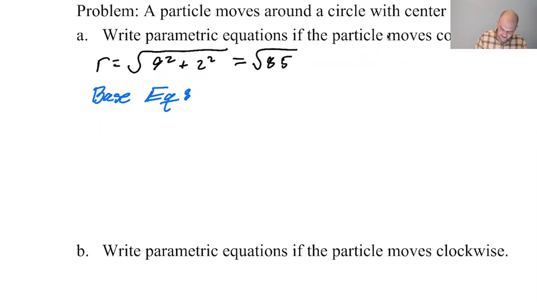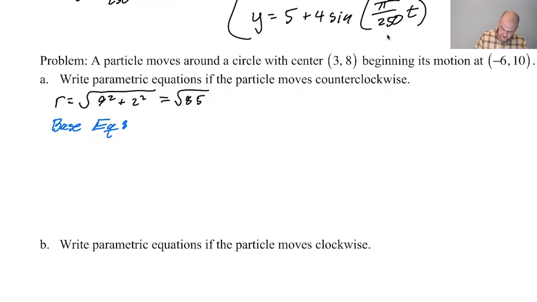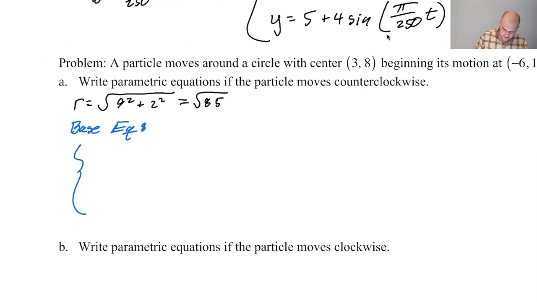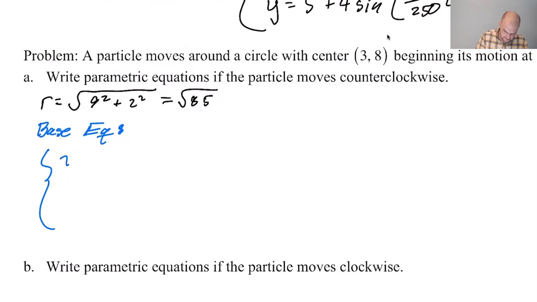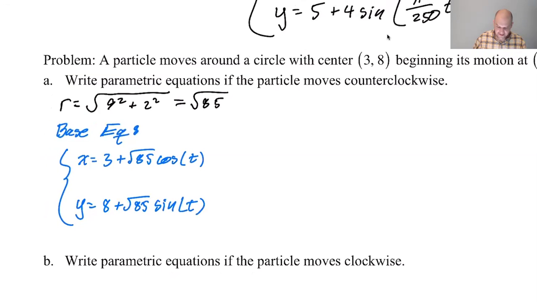I'm just gonna go counterclockwise and have that radius and that center. Counterclockwise is just the unit circle. Cosine of t, and then plus radical 85 sine of t. All right, now that's my base equation.